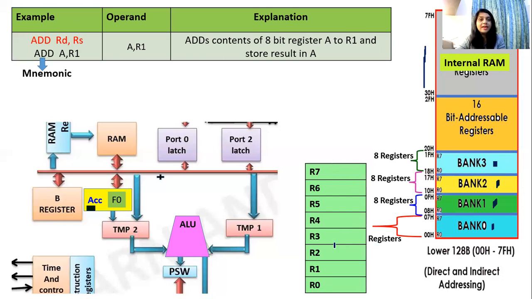Every register has a name like R0 to R7, and every register also has a unique 8-bit address. That means if you want to access a register, you can either access it by using the register name, that is R1, R2, R3, R4, R5, or you can also access it by using these 8-bit addresses. I had already explained this in detail in the memory organization video.